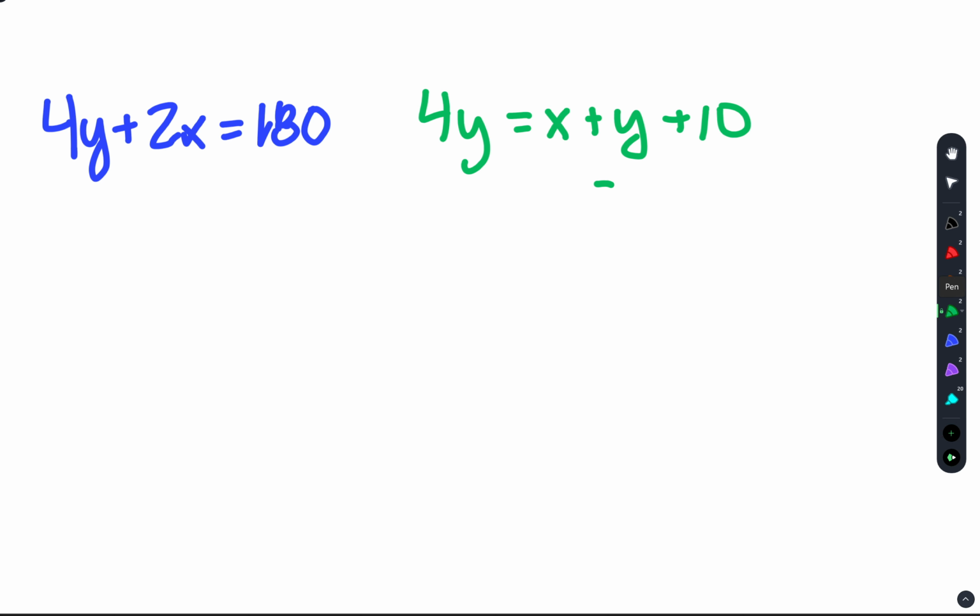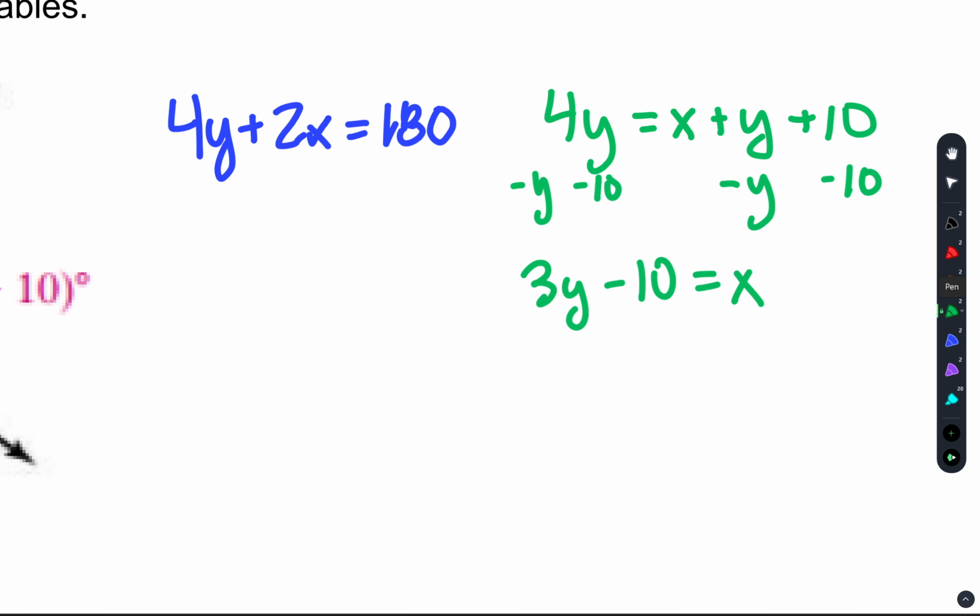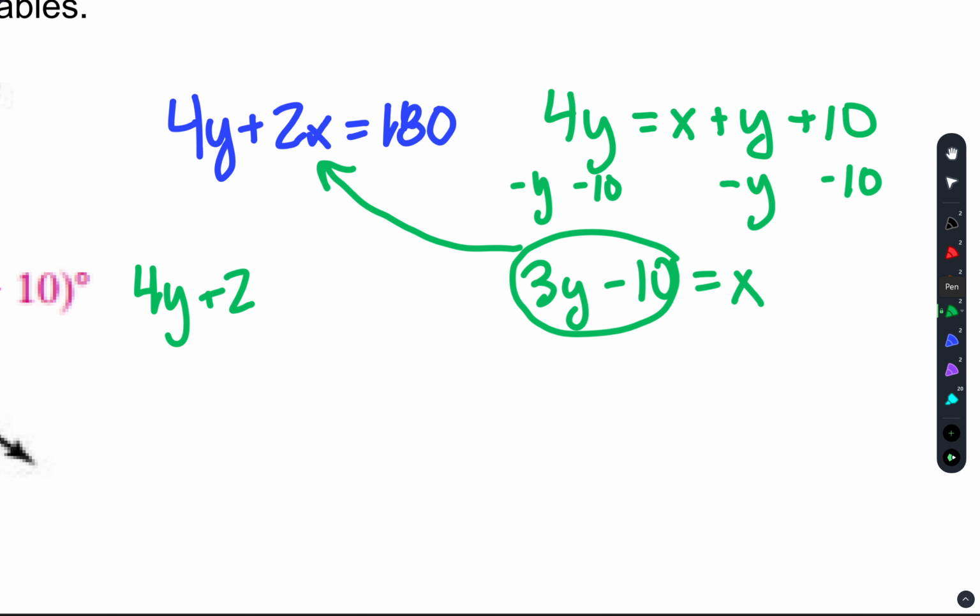So let's subtract y. Let's subtract 10 from both sides to get 3y minus 10 equals x. Then I'm going to substitute this in. 4y plus 2 times 3y minus 10 equals 180.